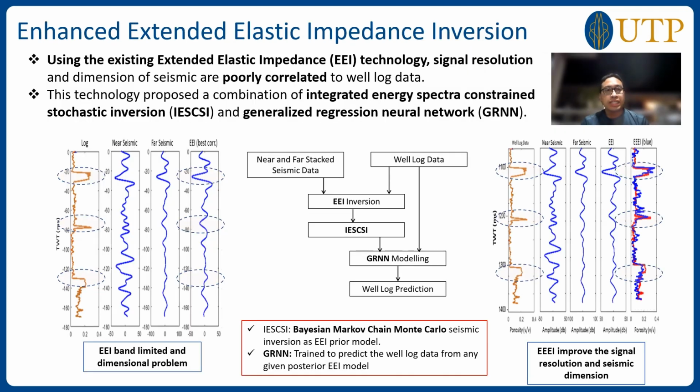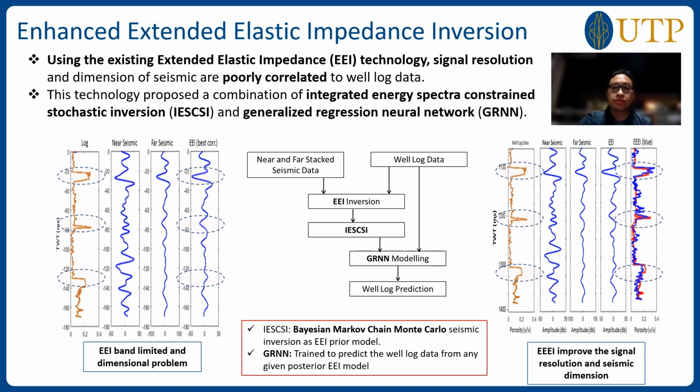So what is the EEI? We incorporate the existing EEI technology, or extended elastic impedance technology, whereby the signal resolution and the dimension of seismic data is not properly imaged previously, and is also poorly correlated with the well log data set.